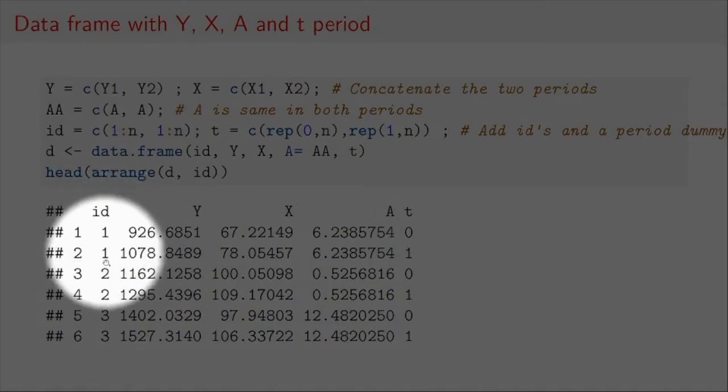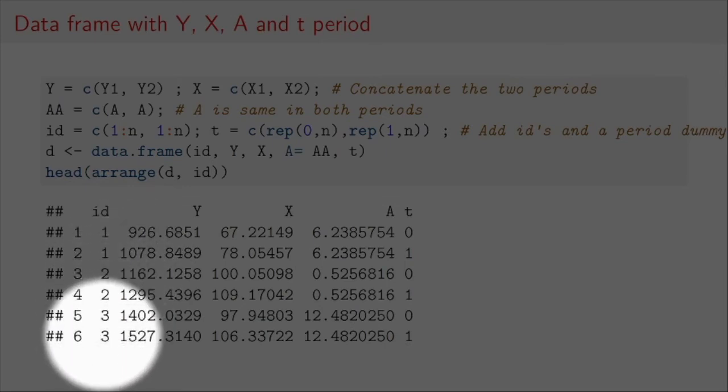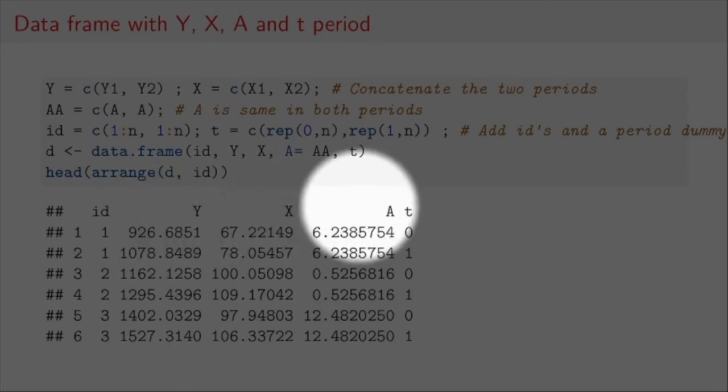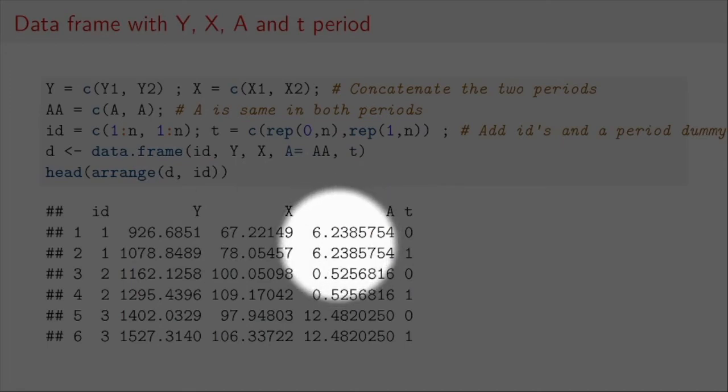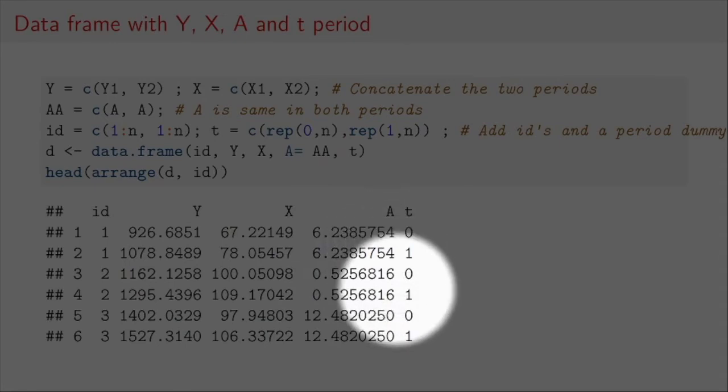We have an identifier for each individual. That's individual 1, period 1, period 2, individual 2, period 1, period 2, individual 3, period 1, period 2, etc. We got the y variable, we got the x variable, we got the a variable, which as you notice does not change between period 1 and 2 for every individual. And then we have a t dummy. This is first period, this is second period, etc.